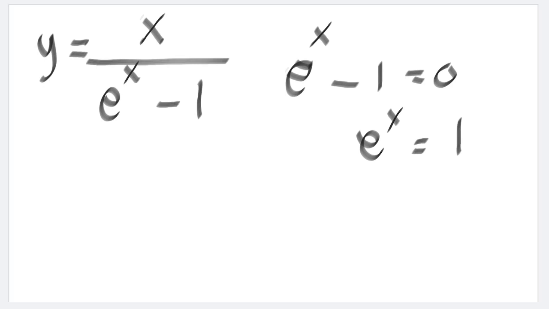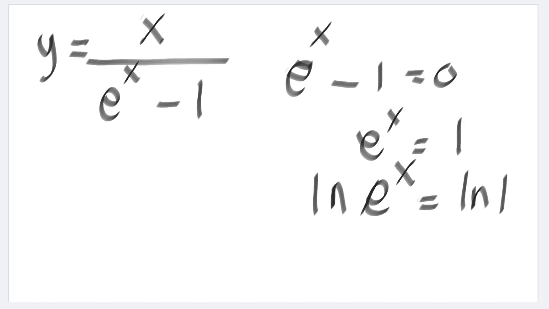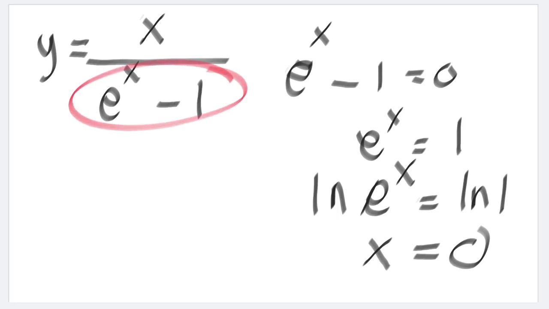According to the law of exponents and taking the natural logarithm of both sides, we have ln of e raised to x is equal to ln of 1. Ln of e raised to x, by a property of logarithm, is x, and that is equal to 0. So the denominator becomes 0 if x is equal to 0.